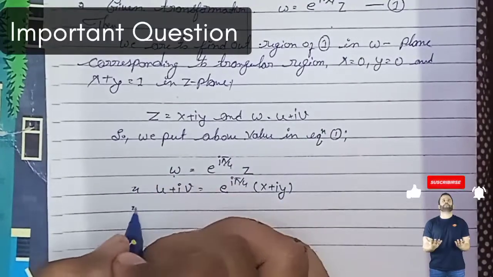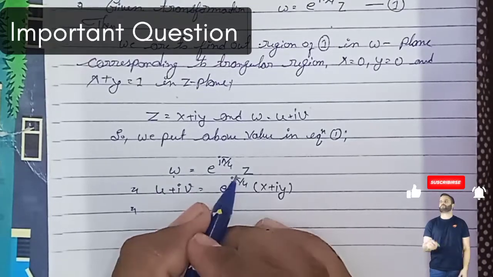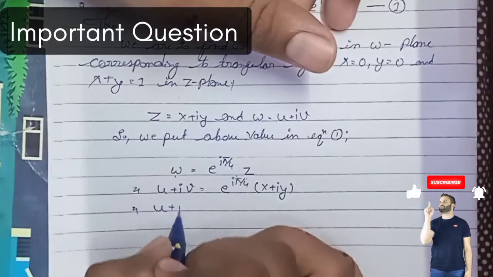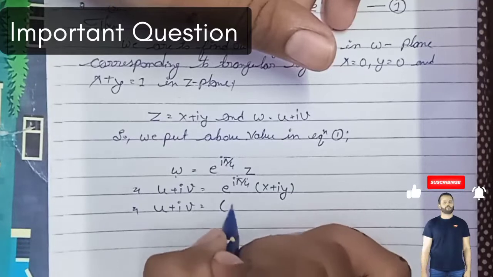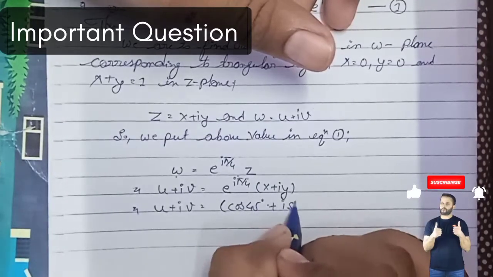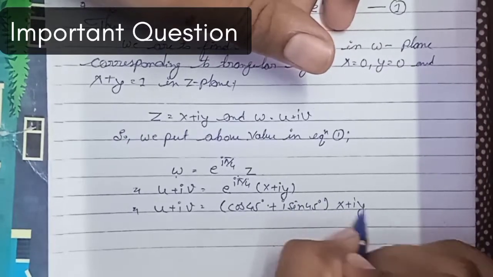We know the formula e to the power iota theta equals cos 45 degree plus iota sin 45 degree, into x plus iy.